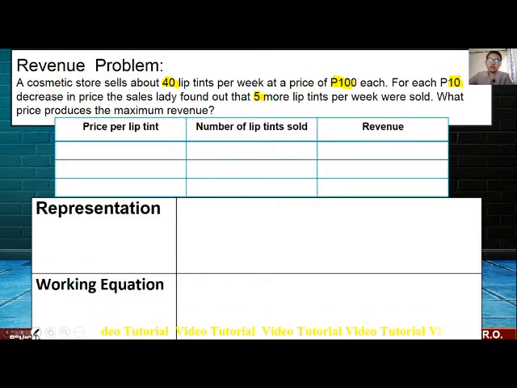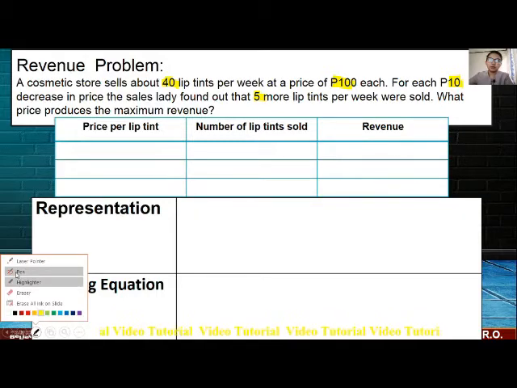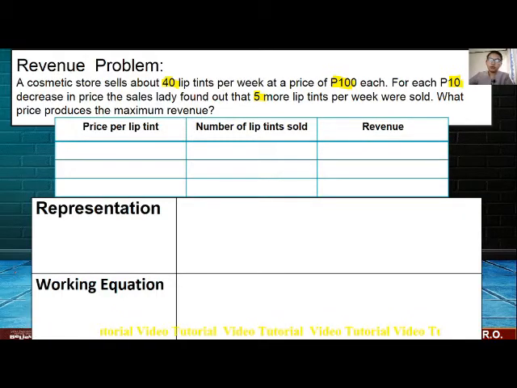So we can use this table to determine the maximum revenue without using any quadratic function. This is what you call listing. When we list our givens, the price per lip tint is the first column, the number of lip tints is the second column, and the revenue is the third column.